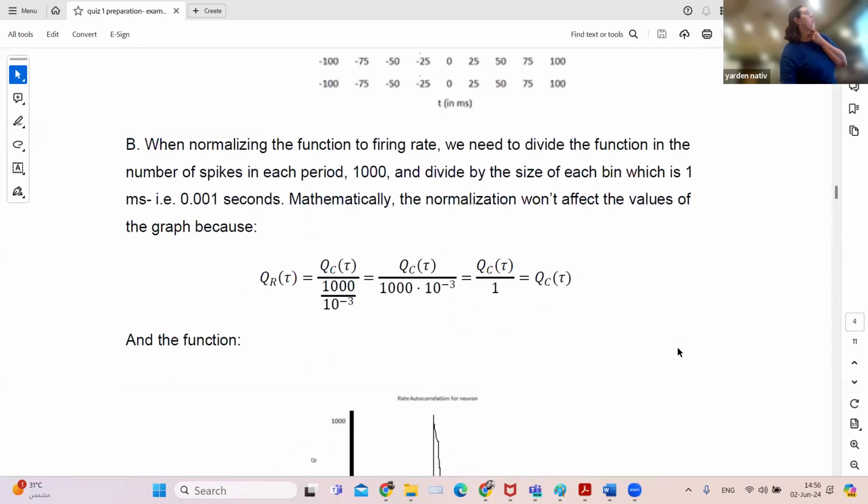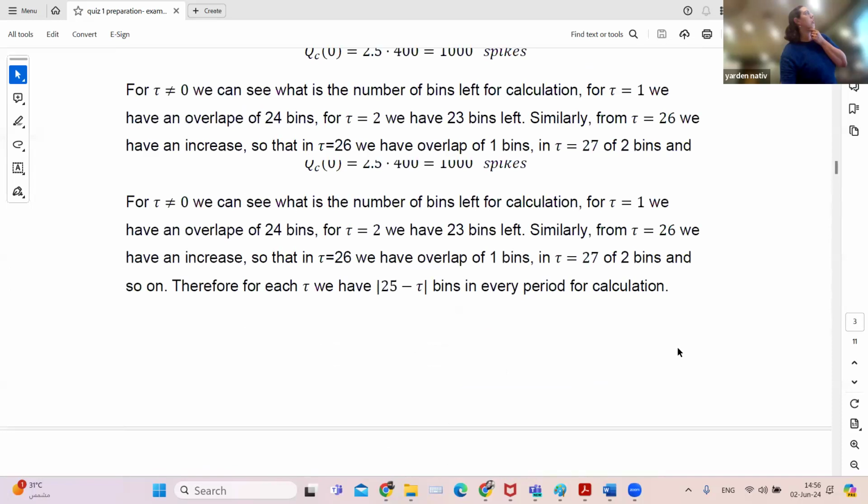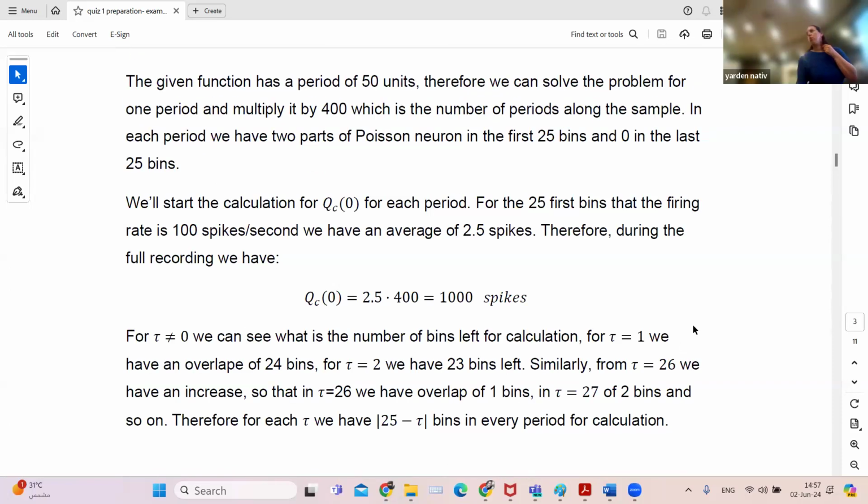Now, when I shift, I can start by shifting so that I will have full overlap. When will this happen? At 0 and 25. If it is 25, they will be fully non-overlapping.